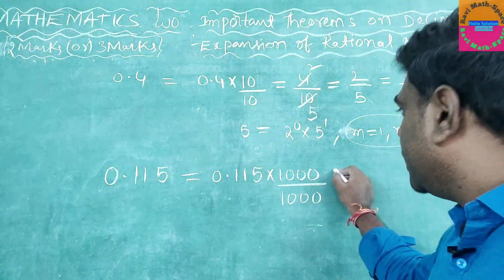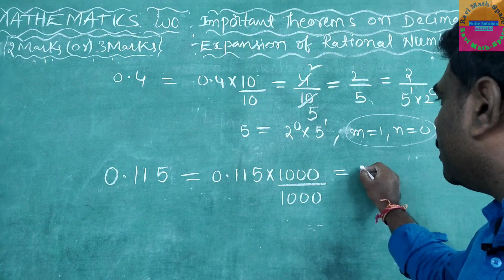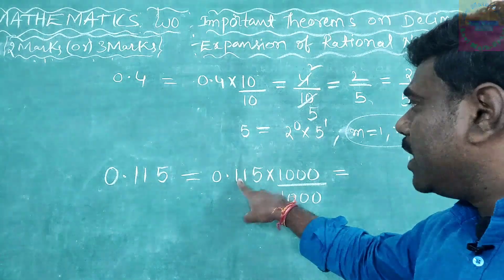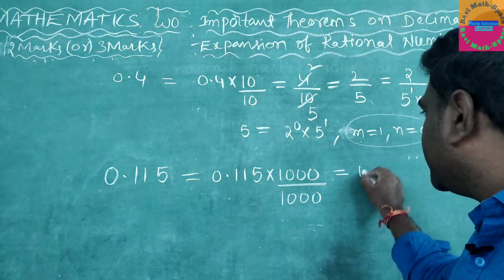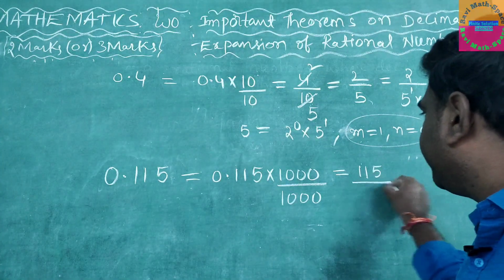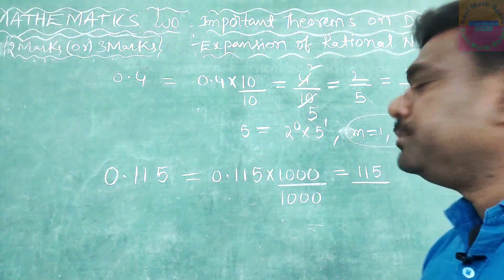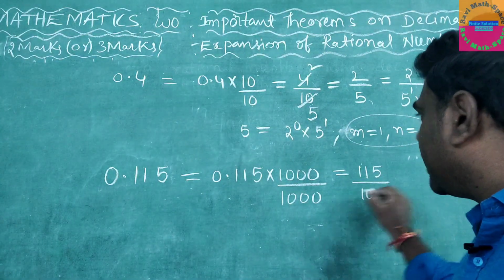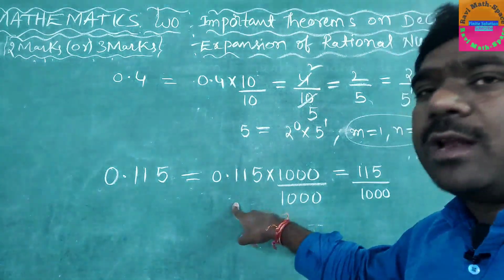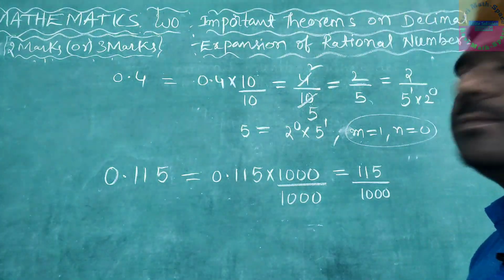Now what answer do we get here? 0.115 multiplied by 1000 gives 115 upon 1000, as the denominator here is 1, and 1 into 1000 is 1000.